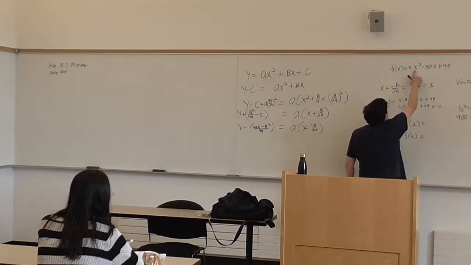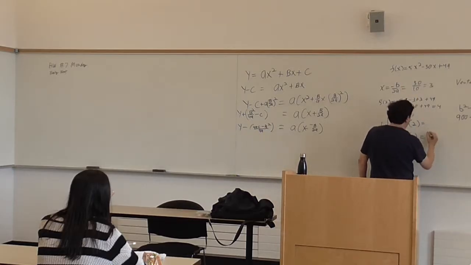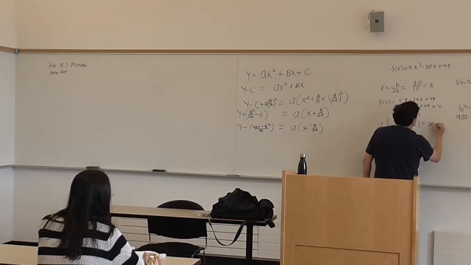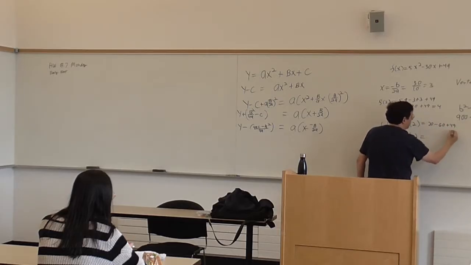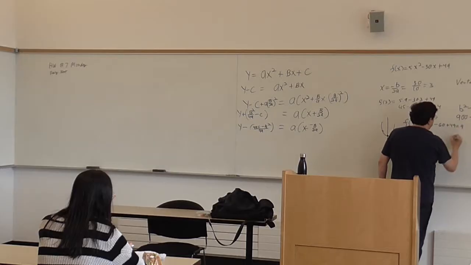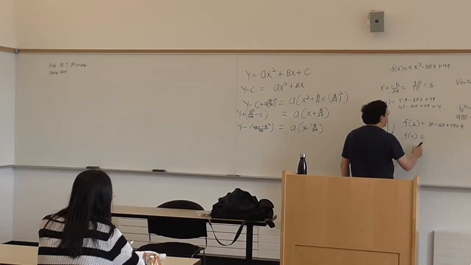So 2 would be 5 times 4, which is 20, minus 60 plus 49. That's 69 minus 60 is just 9. And I could plug in 4, but do I have to plug in 4?